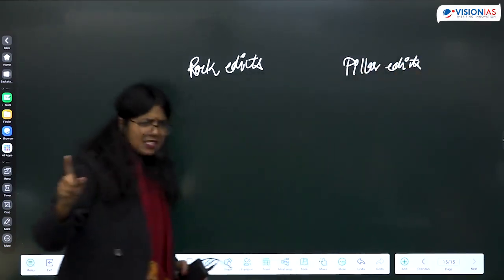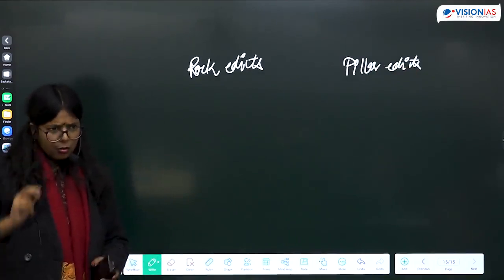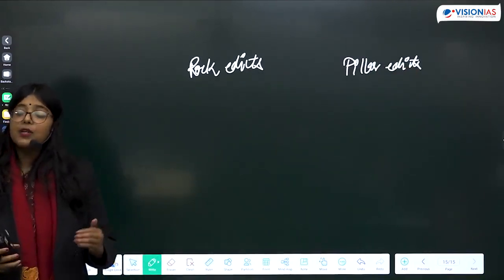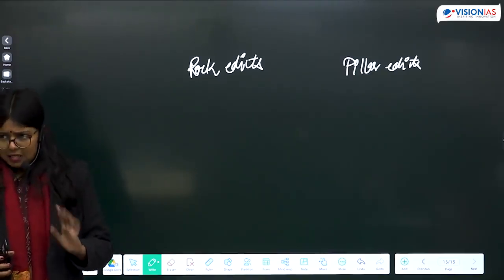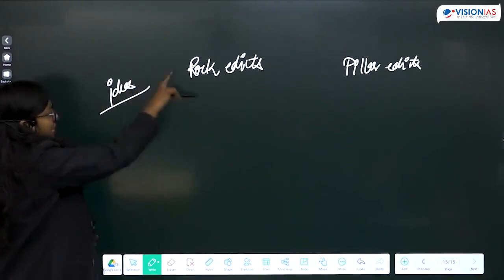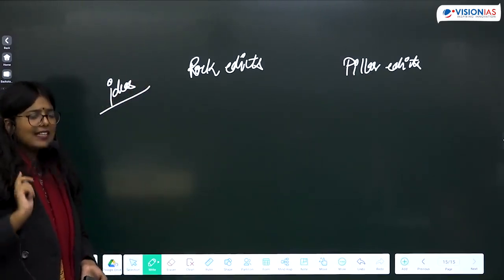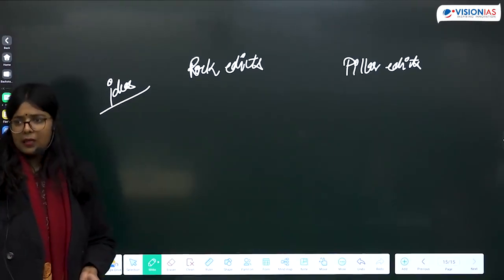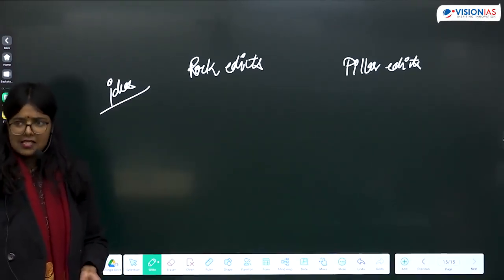There are cave inscriptions as well that I told you. But majorly, when we are talking about his ideas specifically, these ideas have been inscribed in rock edicts and on pillar edicts. Is this clear?